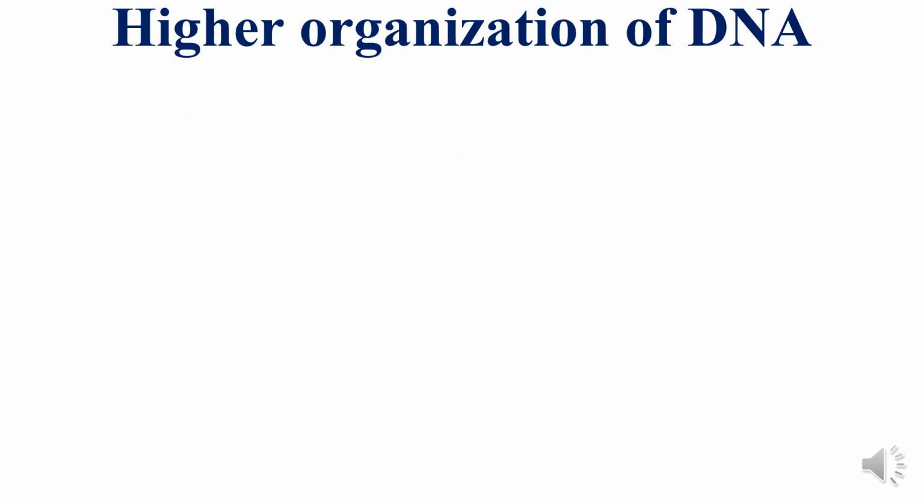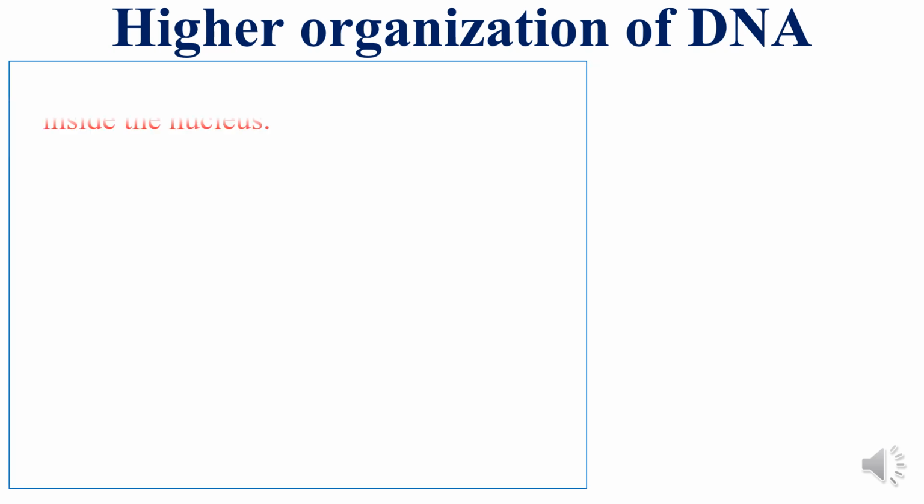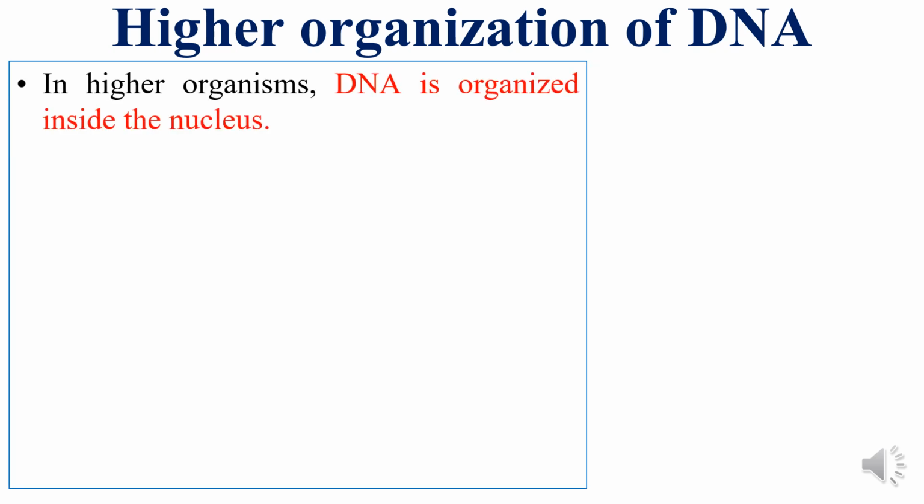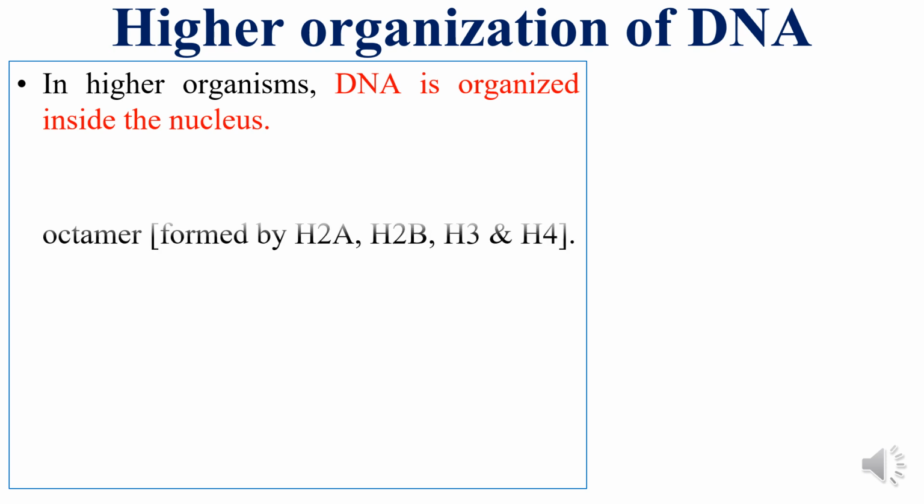So now we will look at the higher organization of DNA. Now, what does this higher organization mean? It means how the DNA will be compacted into the nucleus of the cell. So, in higher organisms, DNA is organized inside the nucleus.